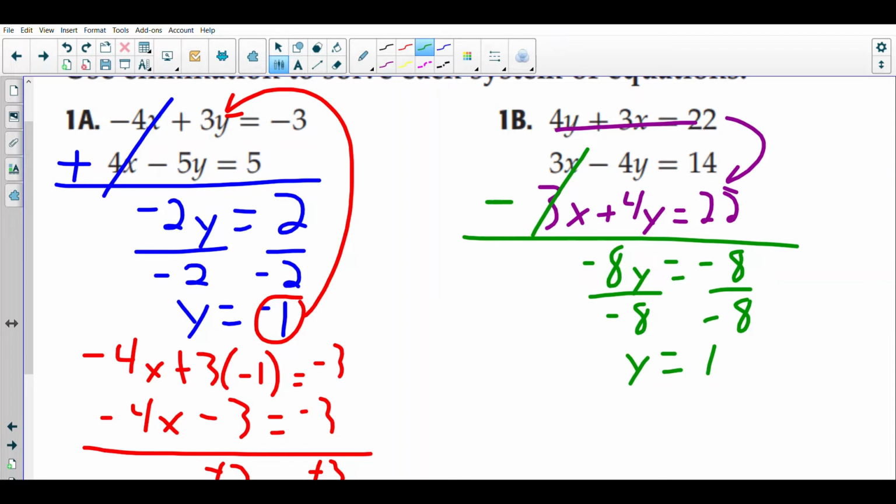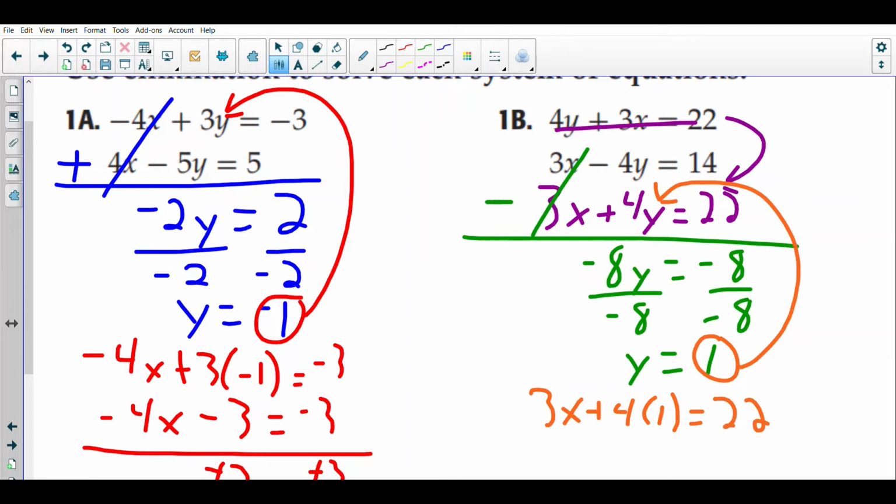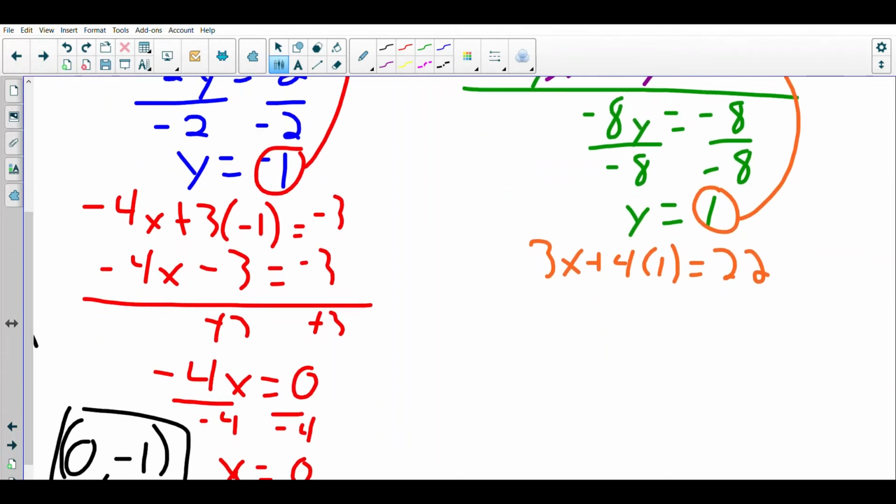Well, that was easy. And from there, all we have to do once again is substitute in. So I'm going to take that one and plug it in. So 3x plus 4 times 1 is equal to 22. And now I'm just solving for x. 3x plus 4 is equal to 22.